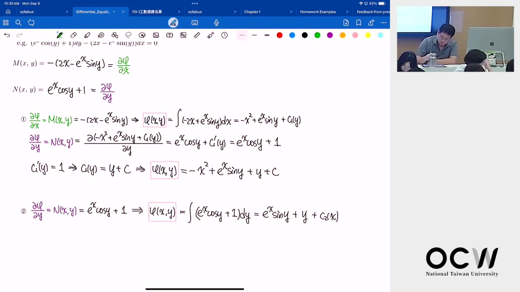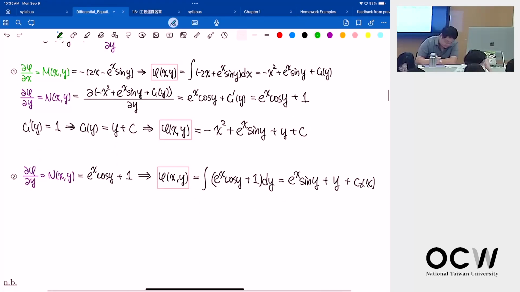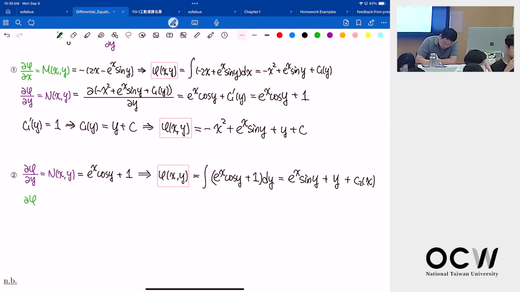So partial phi, partial x, that is the M function.